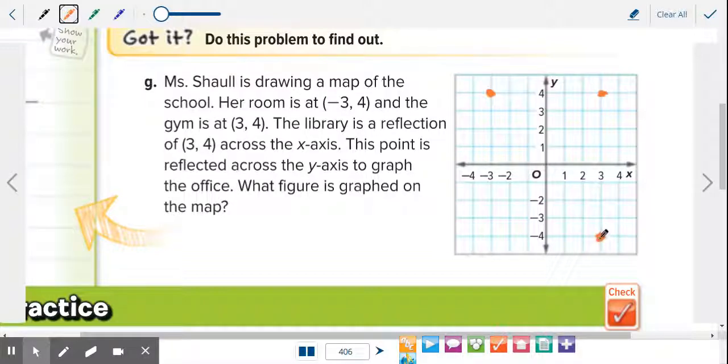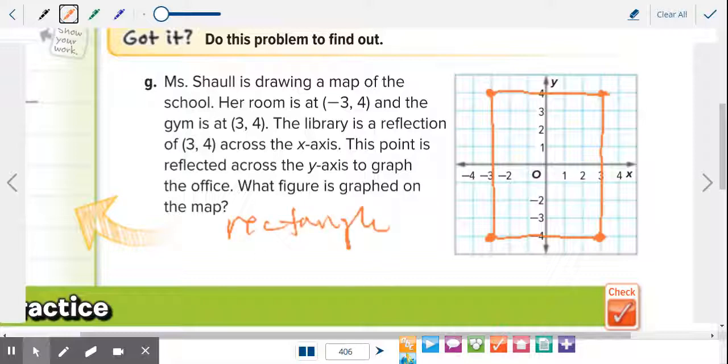So if we're going over the y, what are we changing? The x. Well, if that's 3, we got to go to -3. Oh, right here. So connect the dots as best as you can. Okay, and what figure is being graphed on the map? A rectangle.